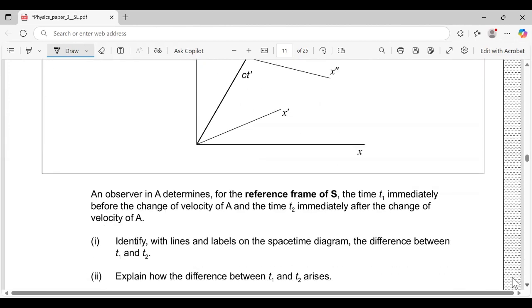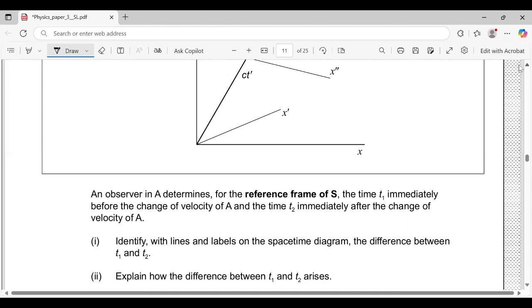An observer in A determines for the reference frame of S the time t1 immediately before the change of velocity of A and the time t2 immediately after the change of velocity of A. Identify with lines and labels on the space-time diagram the difference between t1 and t2.